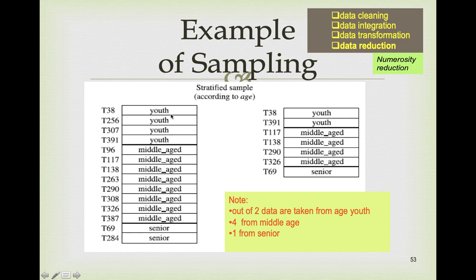So this one we take out. Four from middle age, so from this data it becomes this data, and then 1 from senior. So we just take data T69 and we take out data T284.